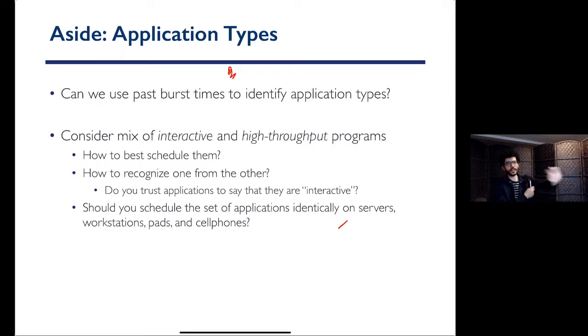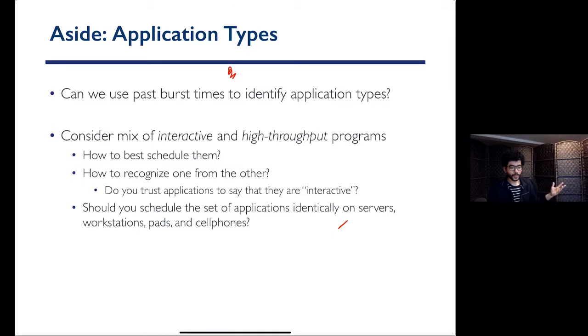So they run their system, they measure the CPU bursts of their applications, and they might do some predictions, as we talked about. But one thing that some people have done in the past is to make inferences about the type of the application that they're running.